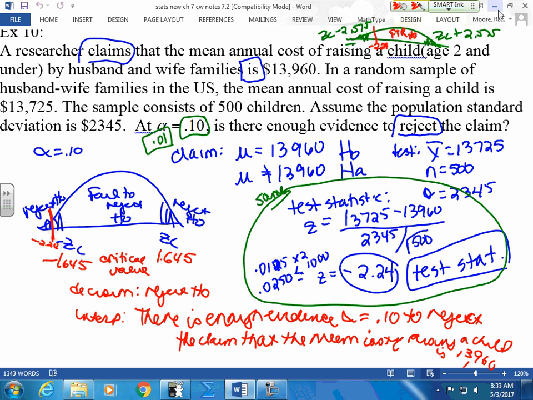So if I change that to 0.01, I'm going to fail to reject H0. Because now it's not as extreme as that number that you're going to check it against. And then I would fail to reject it, so therefore, I would say there is not enough evidence to reject the researcher's claim that the cost of the families is equal to 13,960.